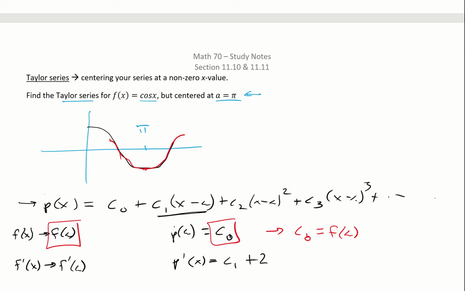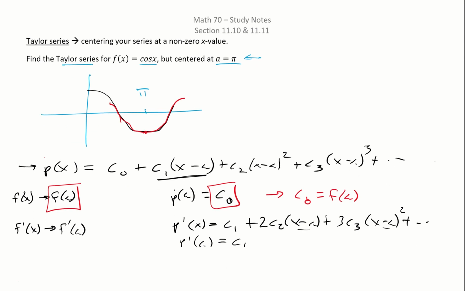The next one is 2C2 times (x minus a) to the 1, and then plus 3C3 times (x minus a) to the 2, and plus whatever other terms you want. So p prime of a, watch this, 0 and 0, because you're plugging in a, is C1. So you want f prime of a and p prime of a to match. That means C1 is equal to f prime of a.